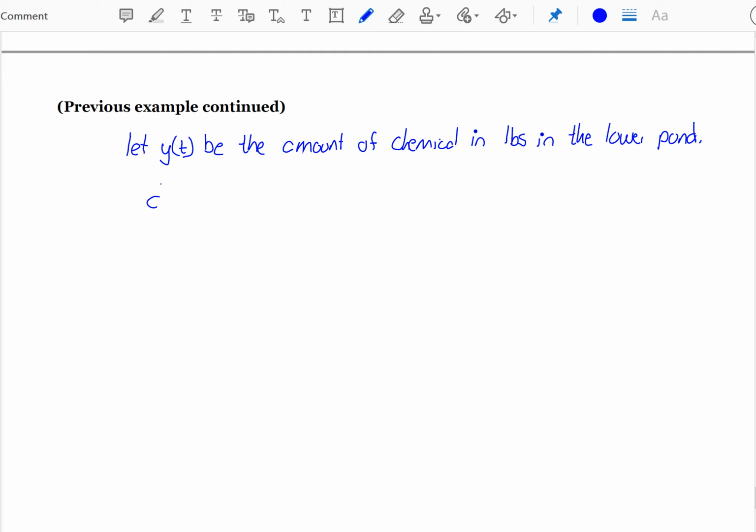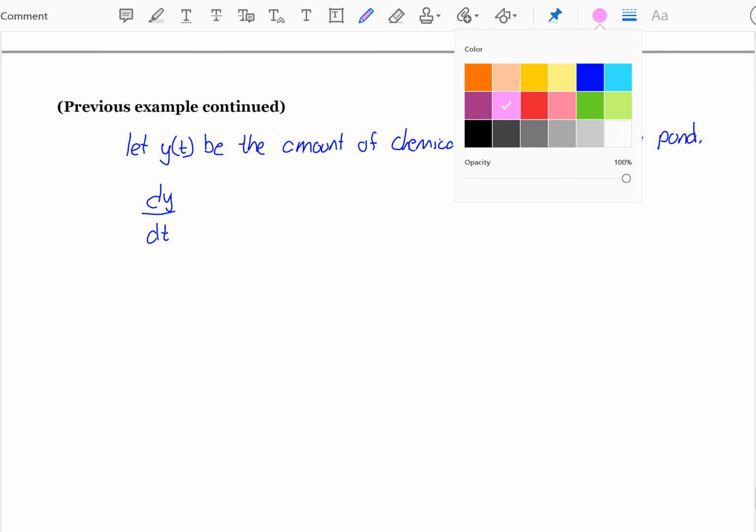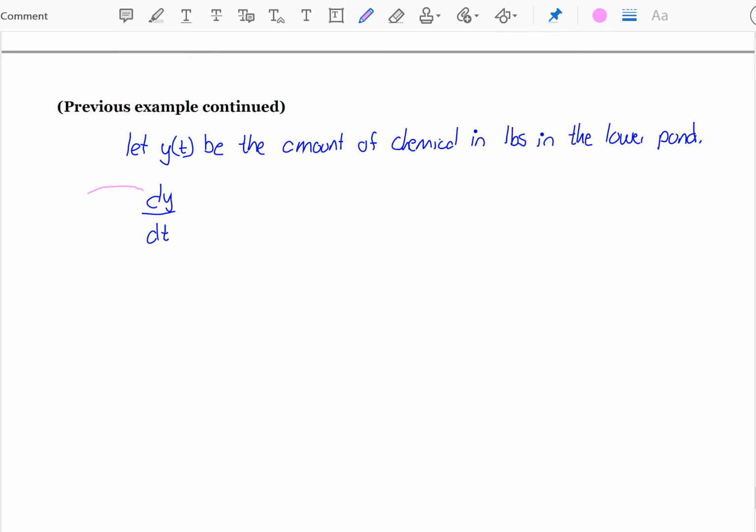Then let's write our differential equation for dy dt. And again, think about the units. If y is measured in pounds, then dy dt is going to be measured as pounds per minute. And it'll have to be the difference of your inflow and your outflow rates.